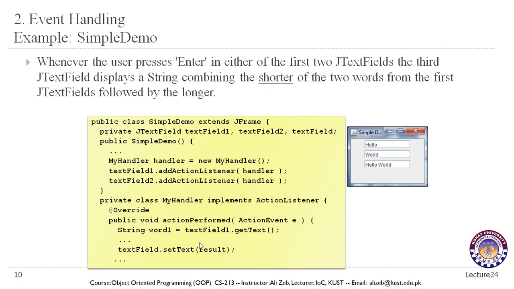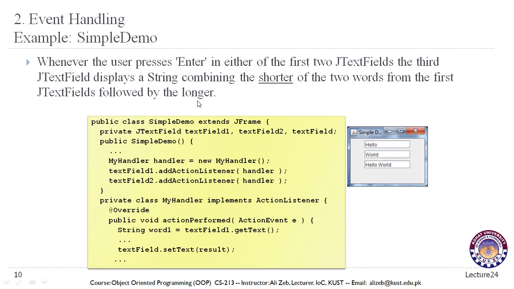You can solve this example. For example, whenever the user presses enter in either of the first two JTextFields, the third JTextField displays a string combining the shorter of the two words from the first JTextFields followed by the longer.